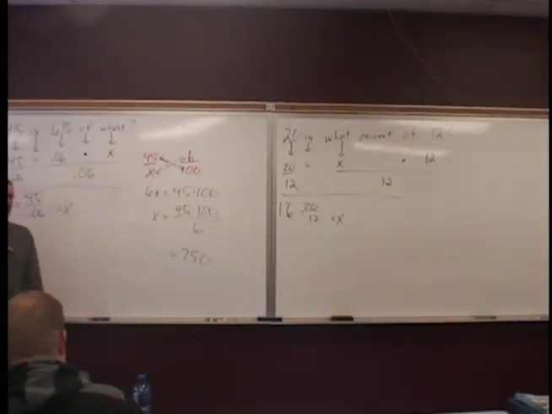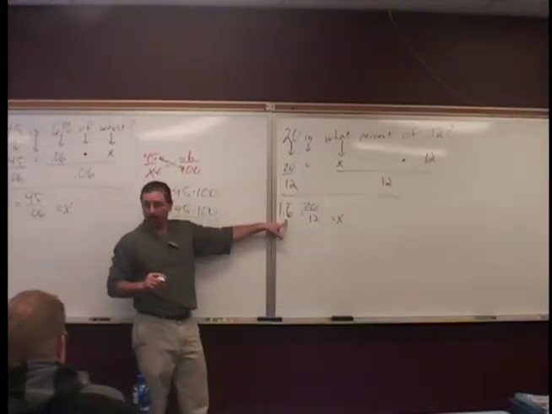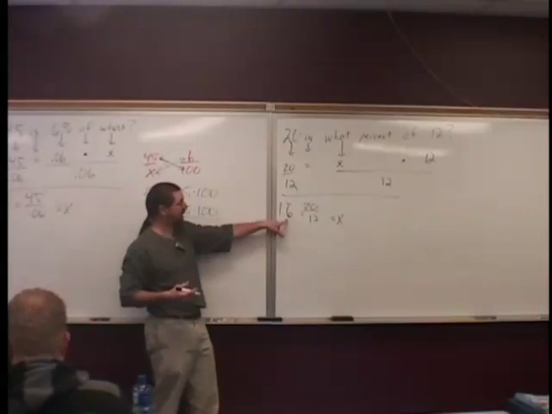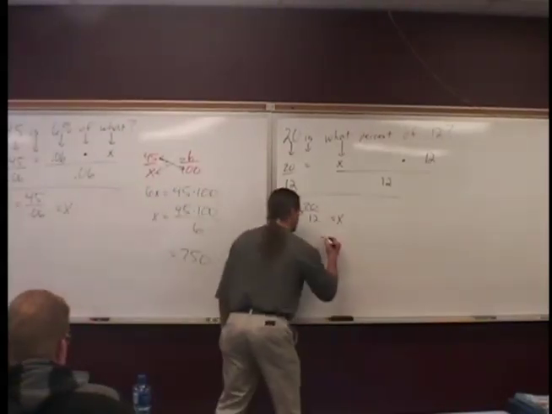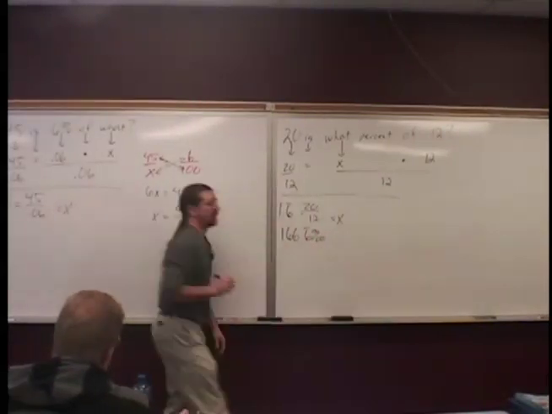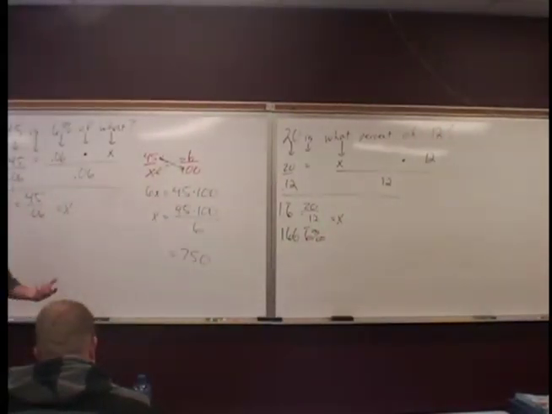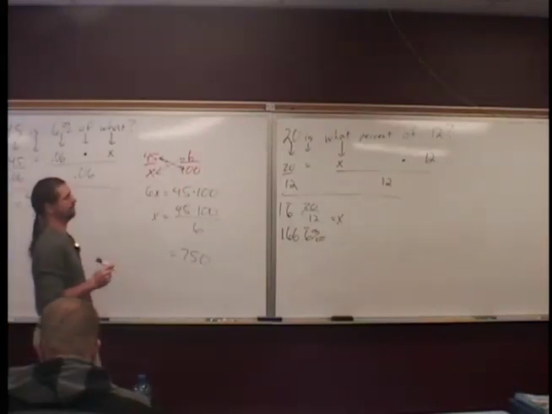Don't do 12 divided by 20, do 20 divided by 12. So, remember that this is the decimal representation. I need the percentage. What's the percentage for this? So when you do that technique, please remember that your x comes back as a decimal. You need to make it a percent.